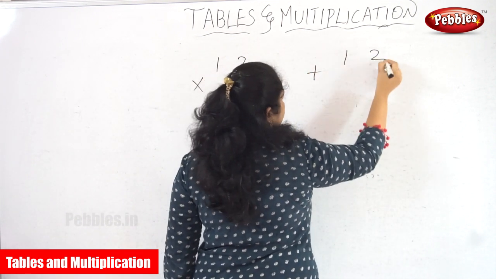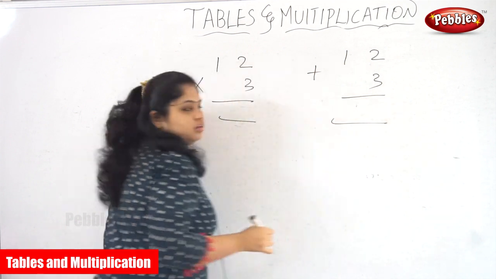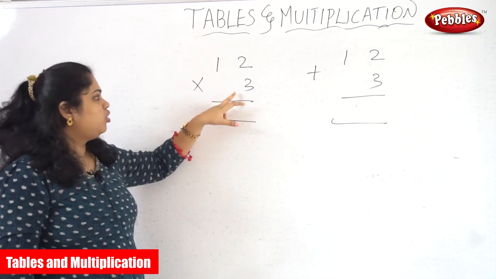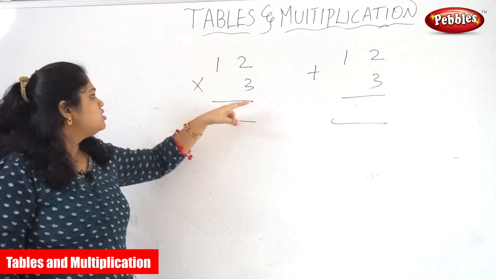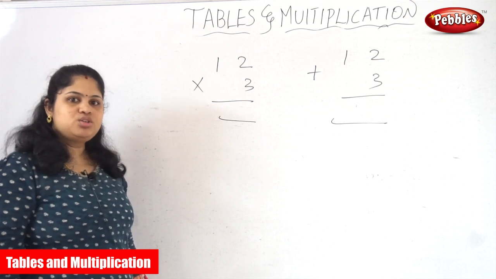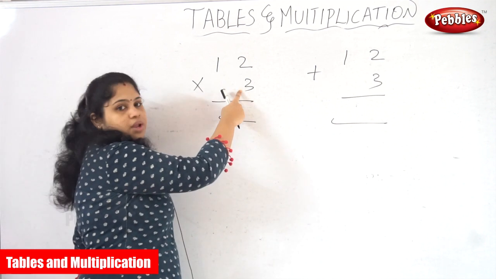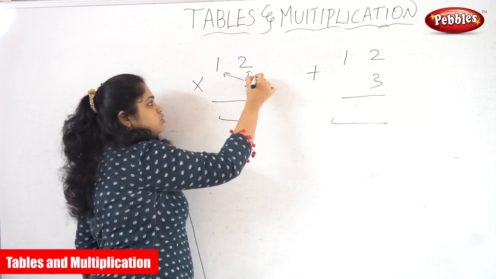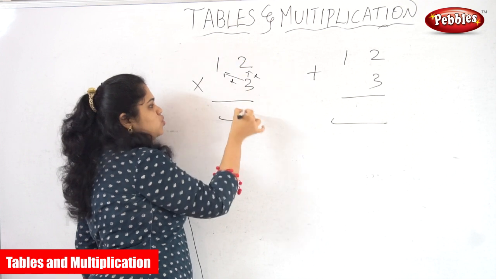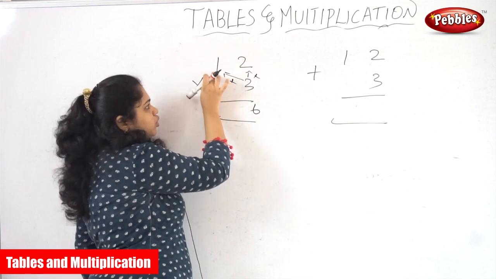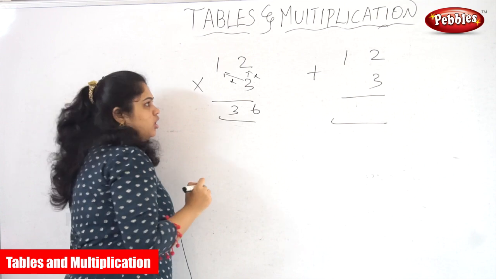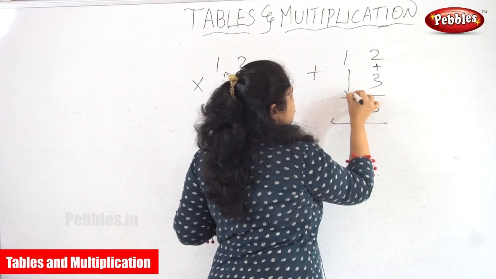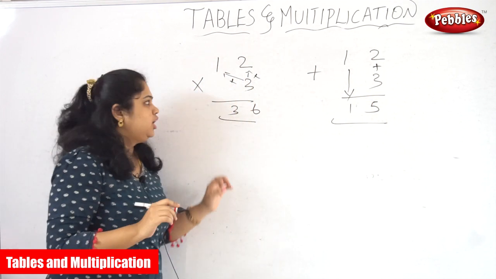I have taken the 2-digit number on top and only a 1-digit number at the bottom. In multiplication, the 3 should be multiplied with both numbers, 1 and 2. First, 3 into 2 is 6. 3 into 1 is 3. Then 3 plus 2 is 5 and the 1 comes down. It's 15. Shall we recheck it?